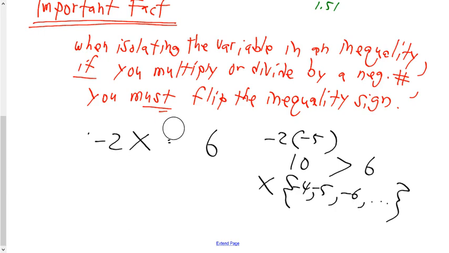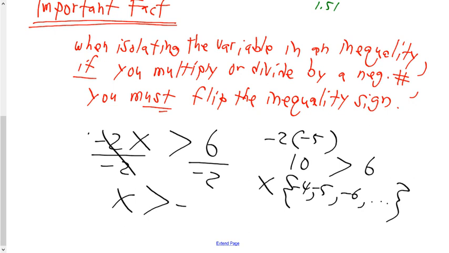So even though it's an inequality, we're still going to solve it the same way. Sorry, I said divide both sides by negative 6, and I meant negative 2, right? And 6 divided by negative 2 is negative 3. So my solution looks like it should work.